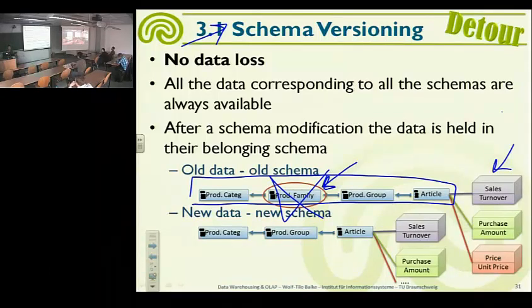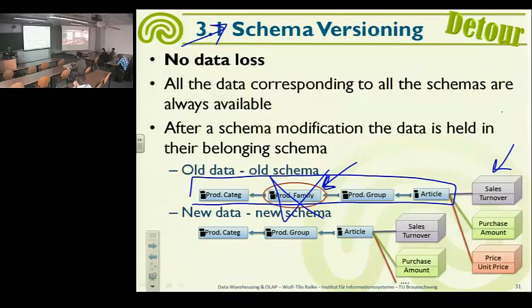However, it's rather fast because you know that you're only working on one schema, so there are no validity stamps. You don't have to check which schema to use or what is valid now. You just have one schema, you go directly there. Product family is not there. Okay, I will compute it again and do the aggregate.